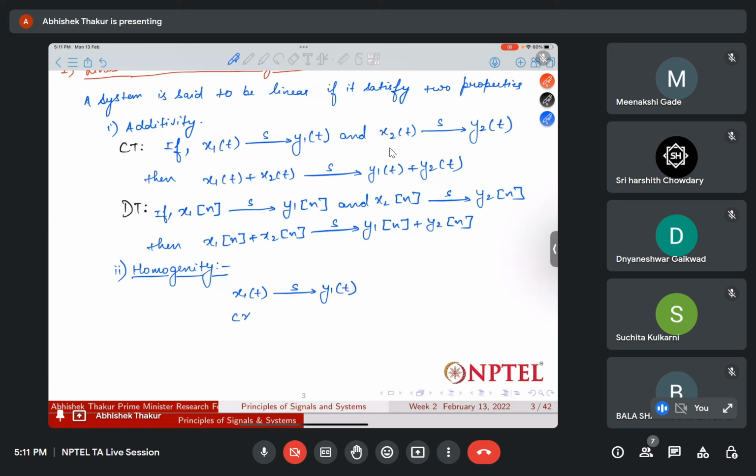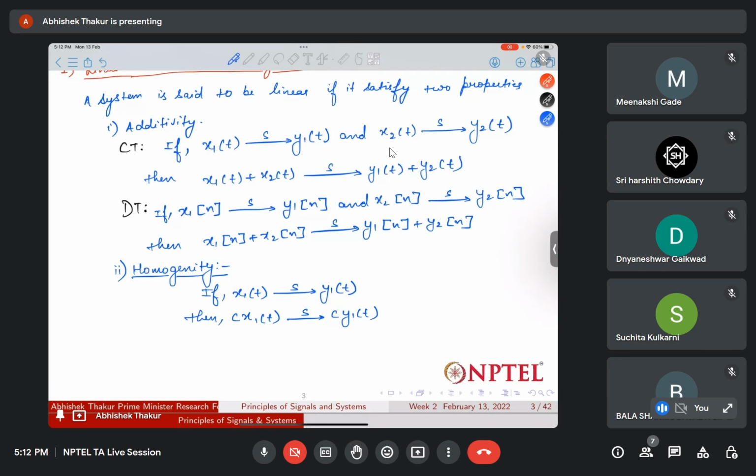Now, if the input is scaled by some constant c, then our output will also be scaled by the same factor, c y1(t). If x1(t) produces output y1(t), then c x1(t) will produce output c y1(t).